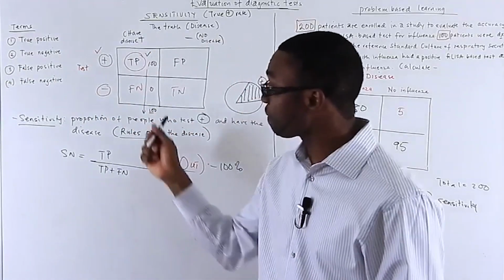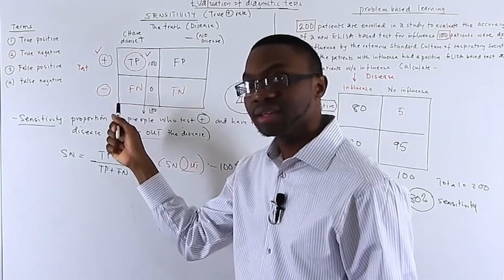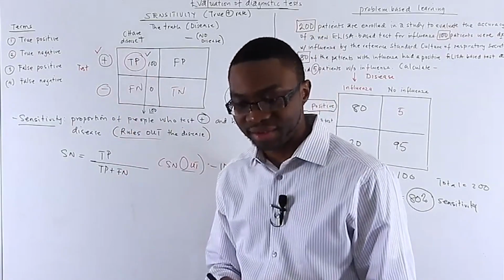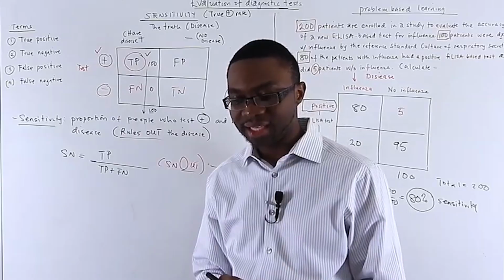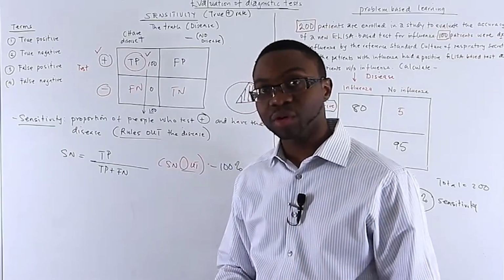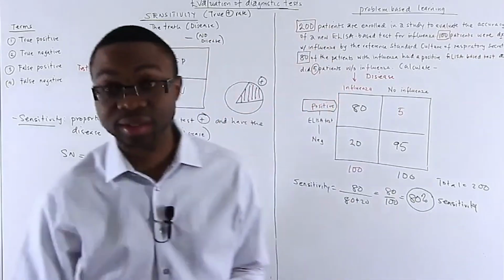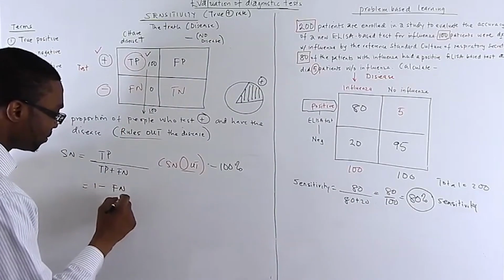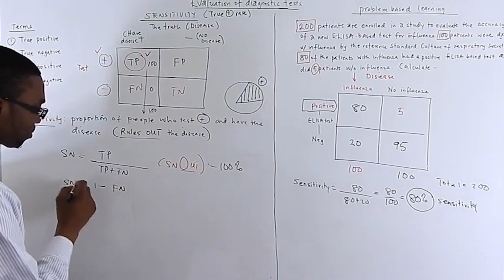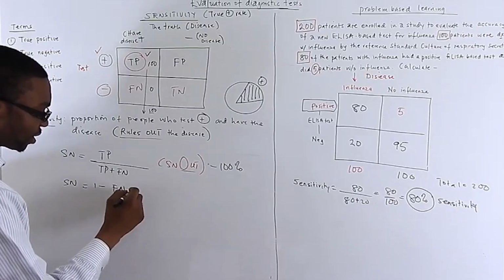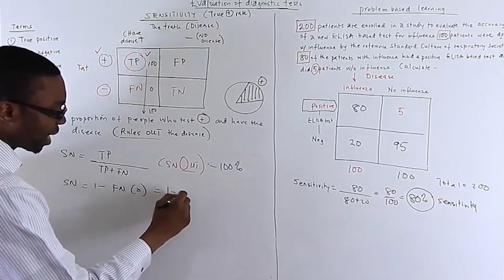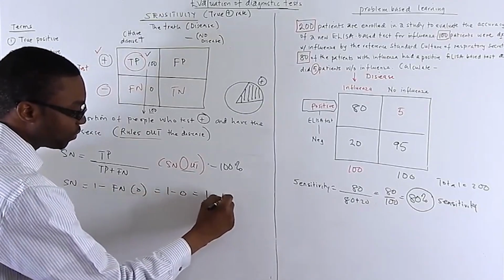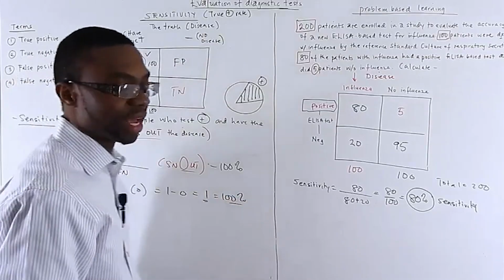So the lower the false negative rate, the higher the sensitivity of the test. That's why another formula for sensitivity is 1 minus false negative rate. So if the false negative rate is 0, 1 minus 0 will be 1, which is equivalent to a 100% sensitive test.